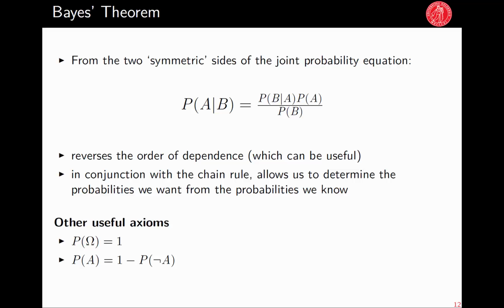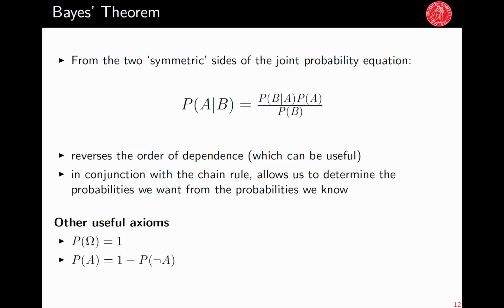Two axioms: the sum of the probability of all possible outcomes is going to be 1. So the probability of anything from the sample space is a certainty. It's going to be one of them. And the probability of A is 1 minus the probability of not A. Again, you could draw the Venn diagrams and easily derive that.